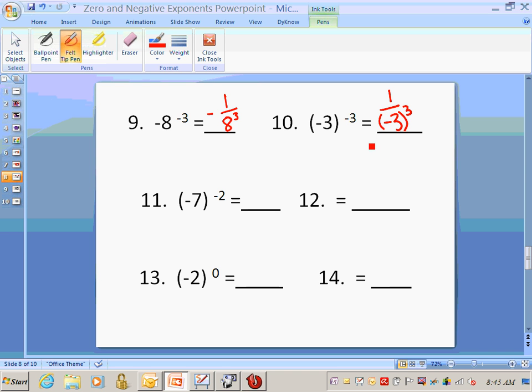The only thing that's changing is the exponent, not the number itself. So really, this one would be like 1 over negative 3 times negative 3 times negative 3, which we know is 1 over negative 27.